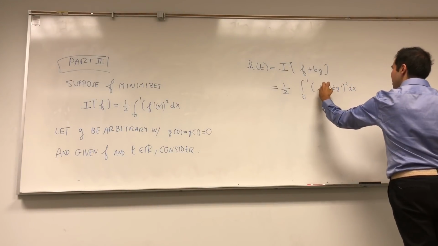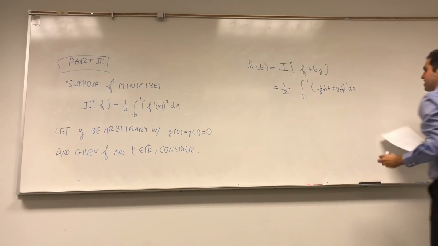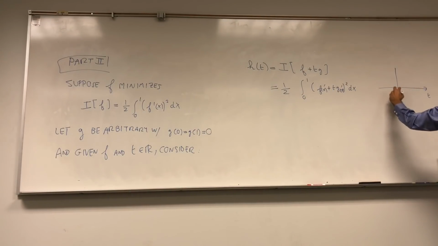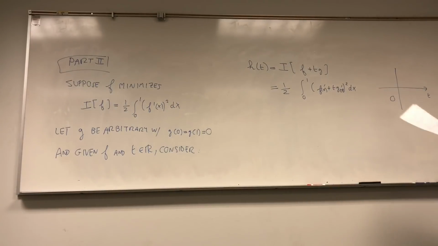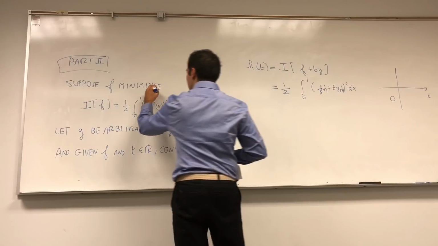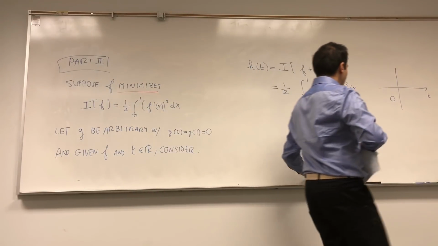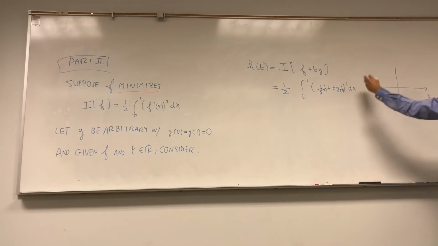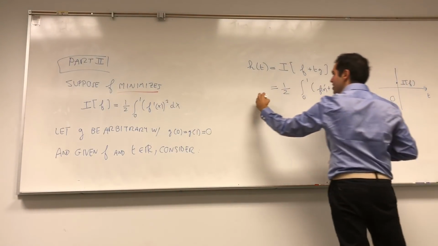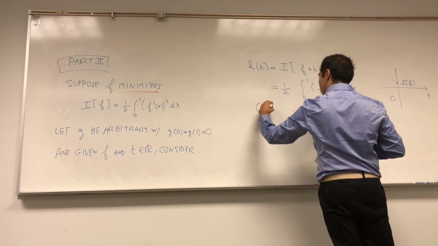Again, not dt, but t is a parameter if you want. And let's again also look at this picture. So this is t, this is 0. We know that f minimizes this thing, right? So, in particular, among all the values of t, I of f is the smallest one. And I'd like to remind you, I of f is h of 0.